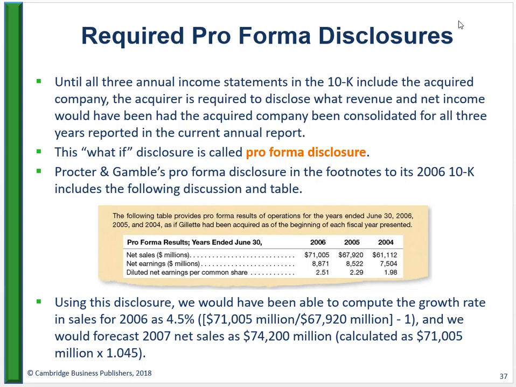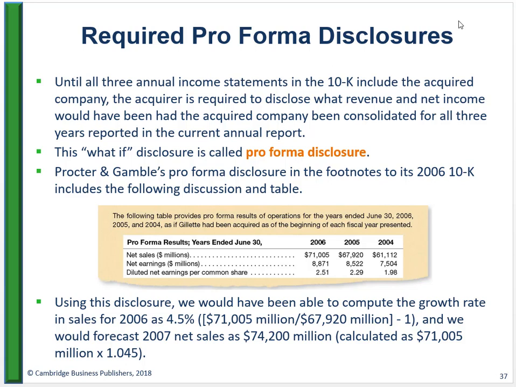Think of pro forma as if, so these numbers would be presented as if that merger had occurred 3 years ago. So we will be able to observe a mini trend, if you will, of the last 3 years, and then it becomes our job to create ratios and forecasts from those pro forma disclosures.